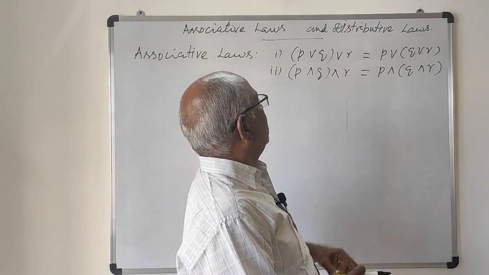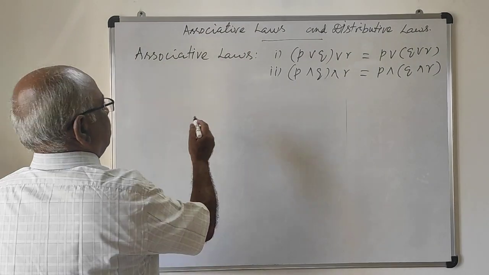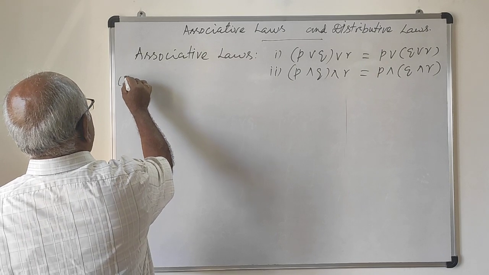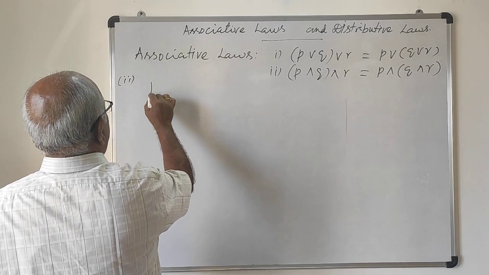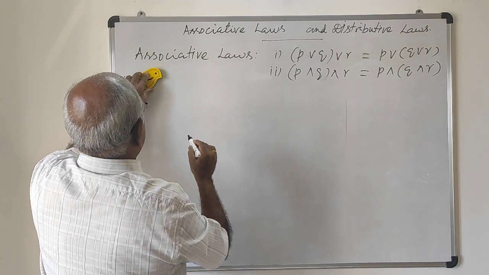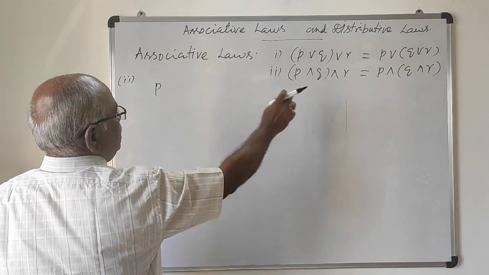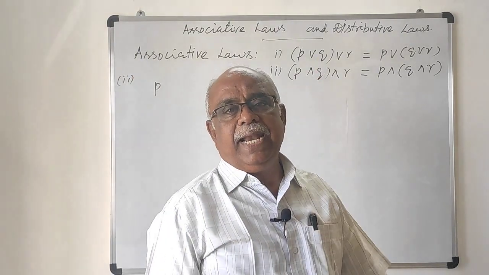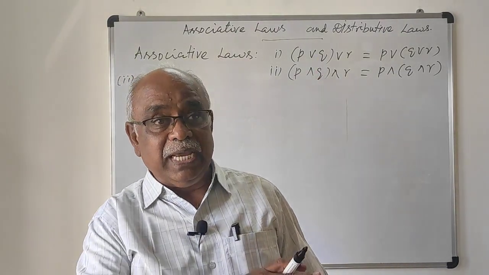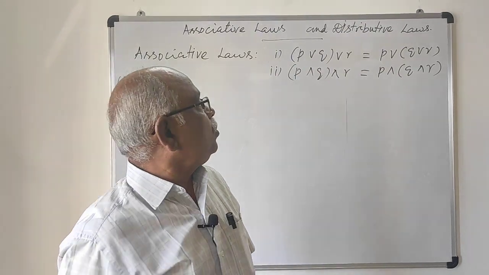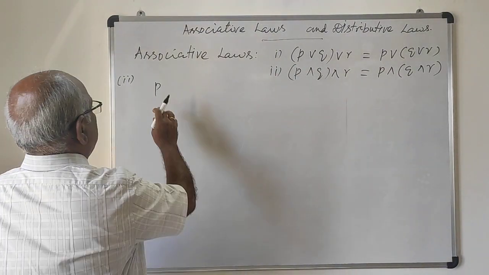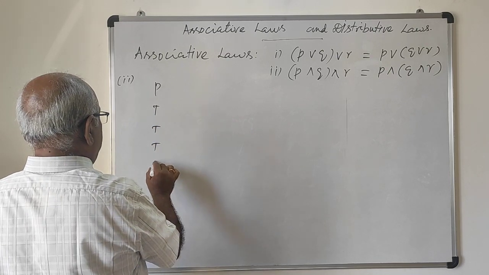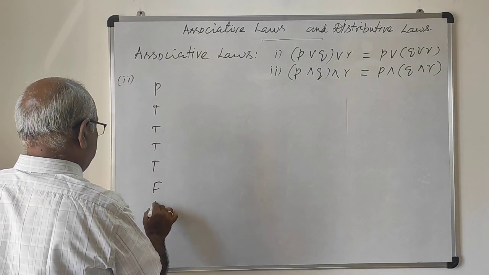using conjunction. Second law, I am going to derive. Since P, Q and R are any three events, this truth table contains three statements, therefore we have 2 power 3, 8 rows. For that, P column having 4 T's and 4 F's.